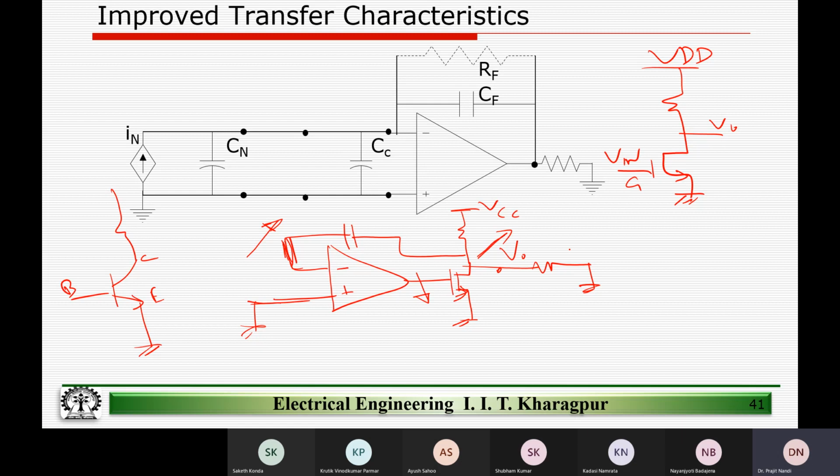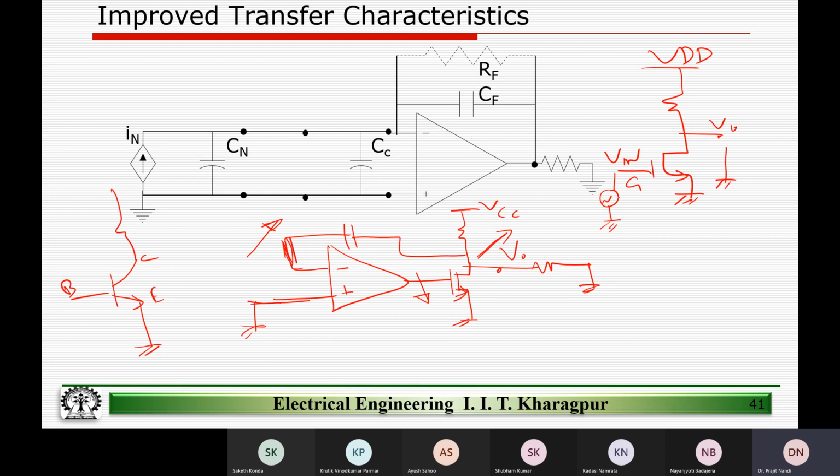The reason why we call it common is that I have just written the input voltage as VIN, but essentially I'm measuring it with respect to ground. The output voltage is measured again with respect to ground, right? So this is also ground.